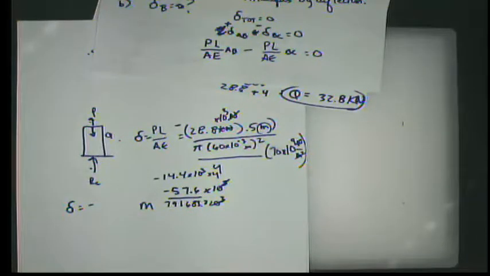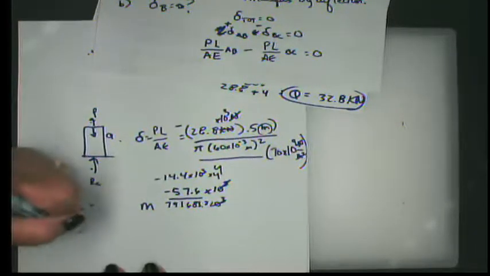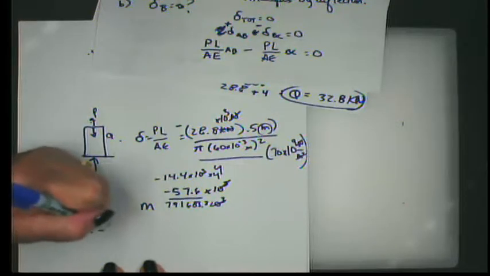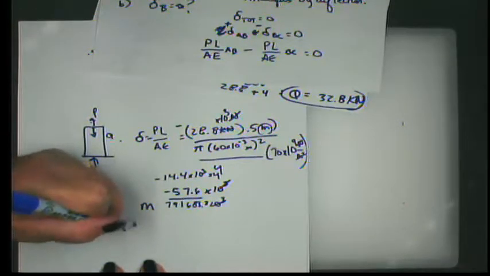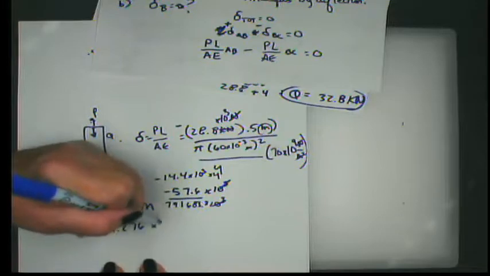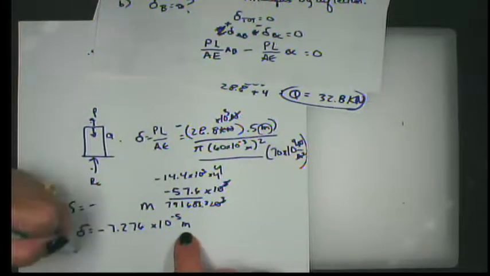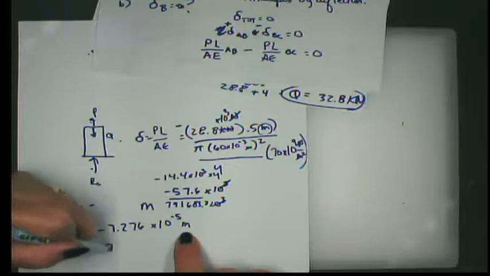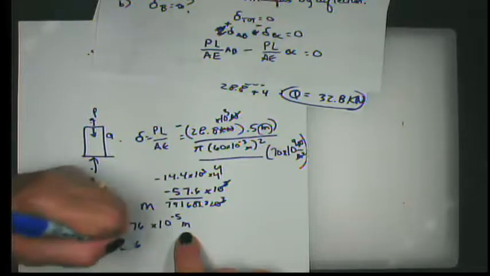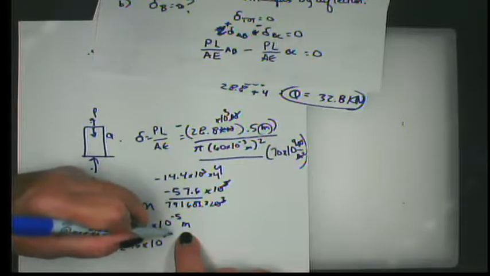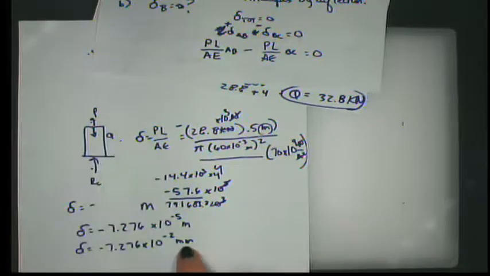And if I divide the numerator by that number, I get 57.6. And so my answer is the deflection is a negative 7.276 times 10 to the minus 5 meters. Or I could say negative 7.276 times 10 to the minus second millimeters.